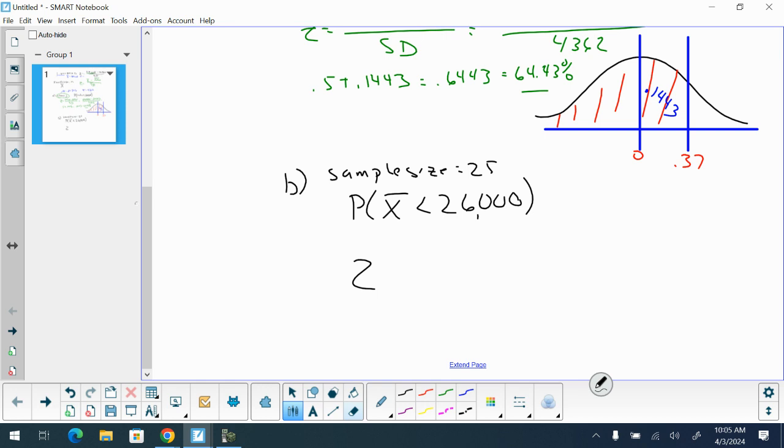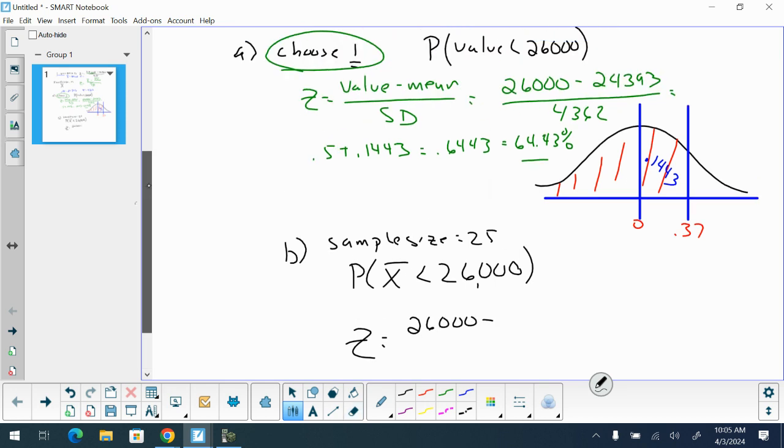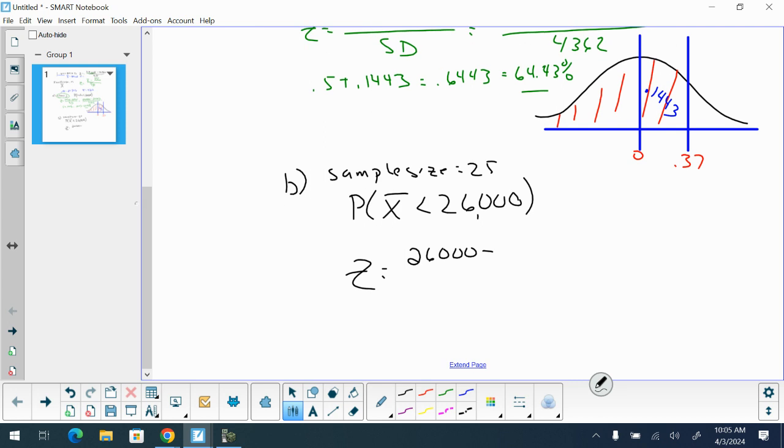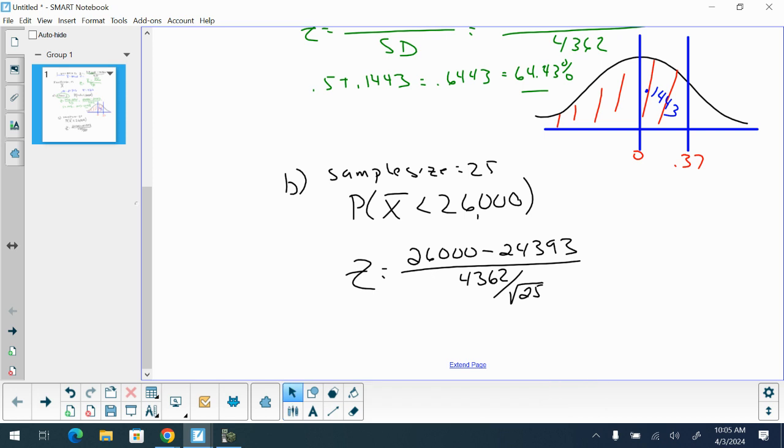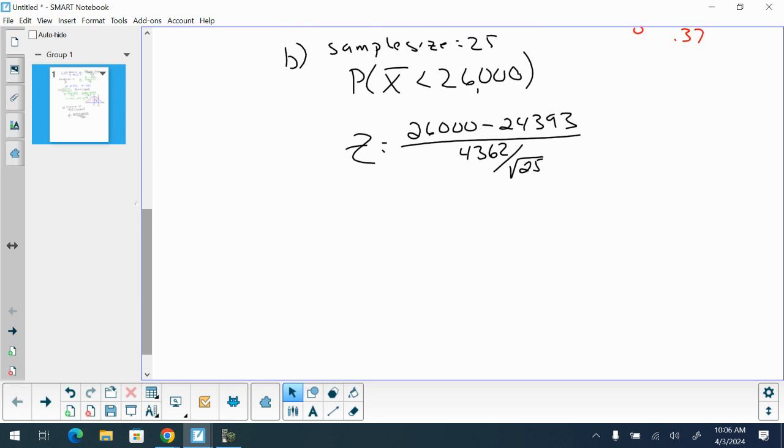So now how do we find our z value? We're dealing with a group. So find your z value, check that answer with somebody around you.